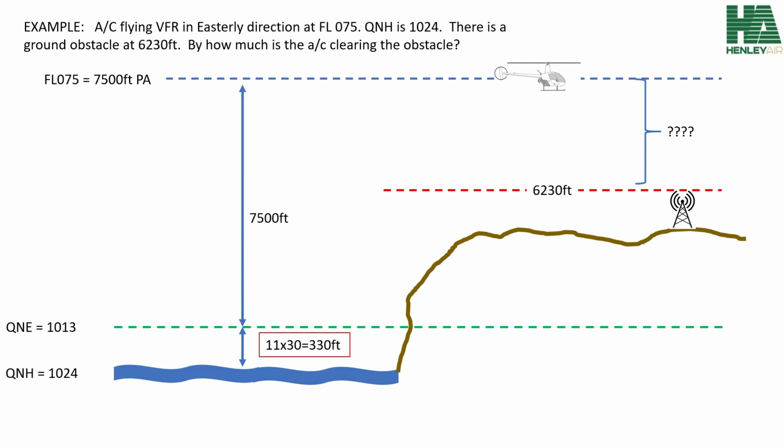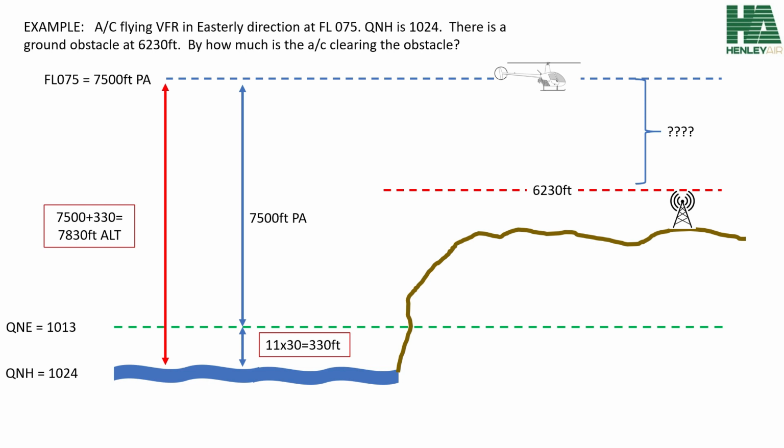Aircraft is flying at 7,500 feet pressure altitude. Pressure altitude, as always, is measured between the aircraft and 1013. The altitude above sea level will be the 7,500 feet that they've given us plus the 330 feet. Our altitude is 7,830 feet.